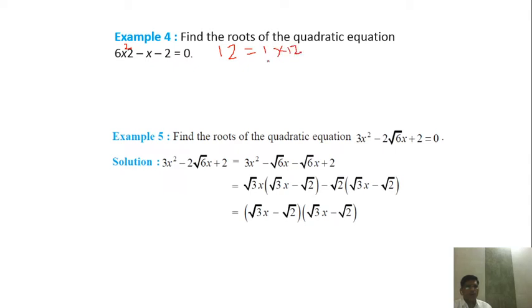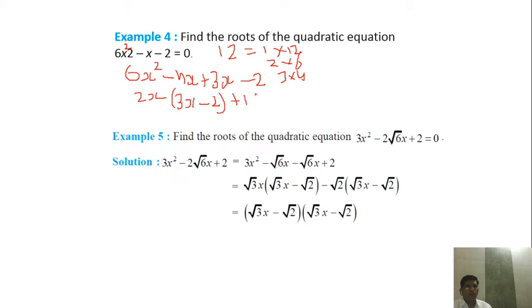So 1 into 12, 2 into 6 and 3 into 4. 3 into 4 is the correct factor. So 6x square minus 4x plus 3x minus 2. So 2x is common, and in the bracket I write 3x minus 2.